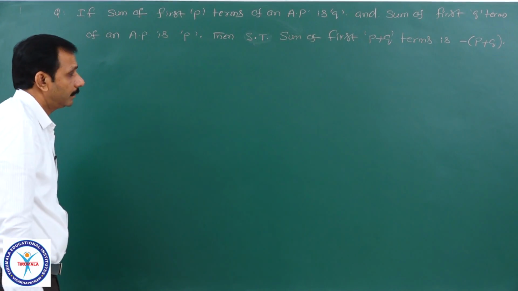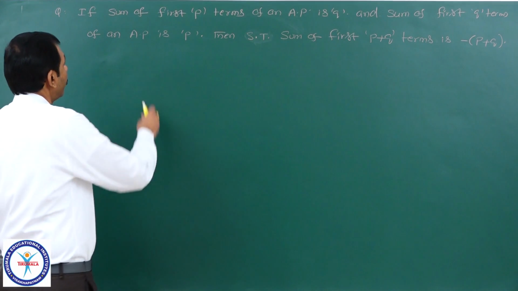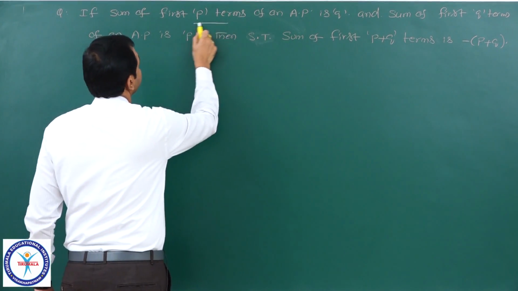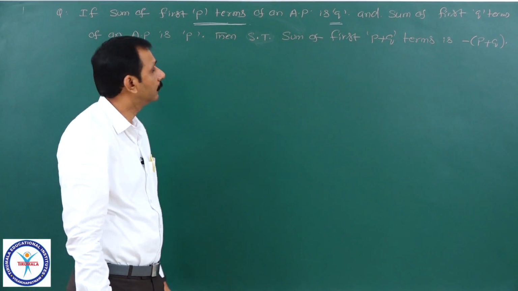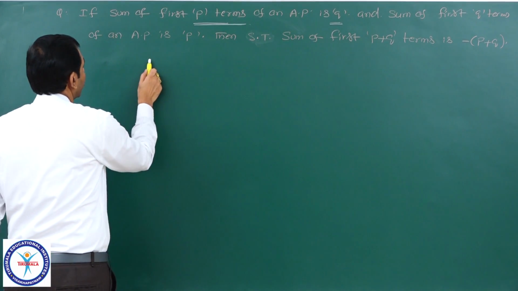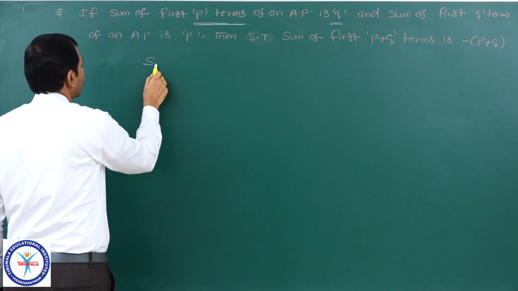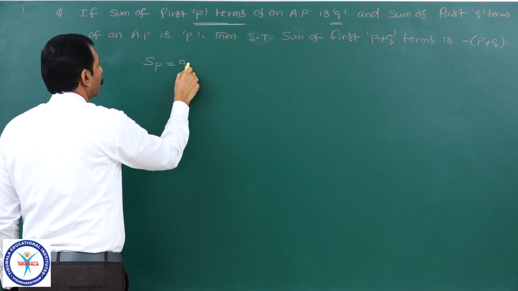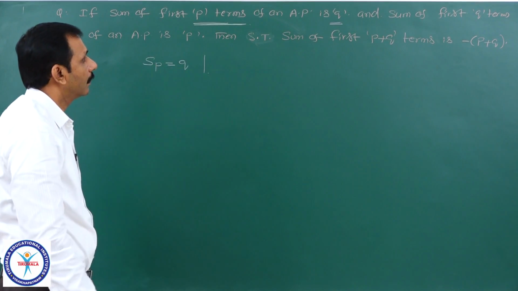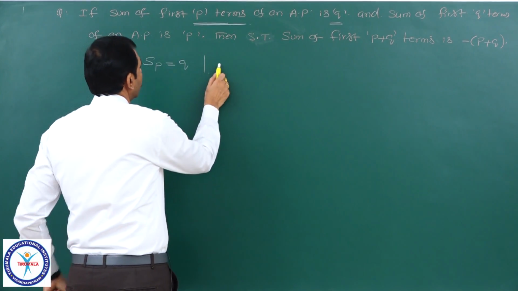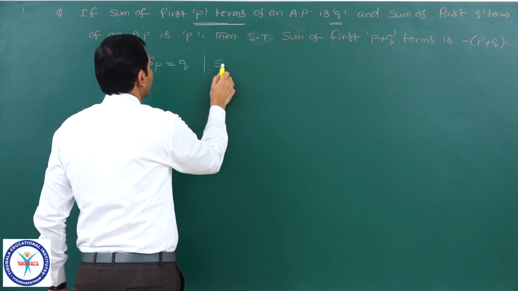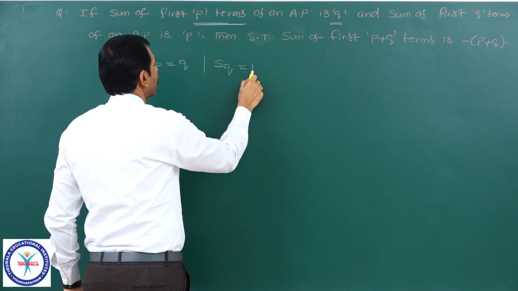Yes, look here. The sum of first p terms of an AP is q. With notation, Sp is equal to q given, and the sum of first q terms of that AP is p given, that is Sq is equal to p.